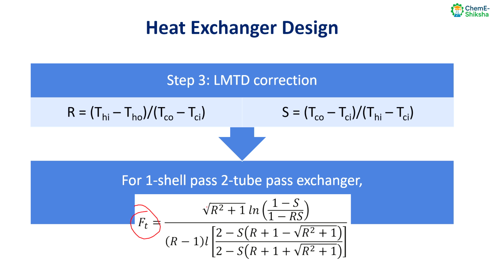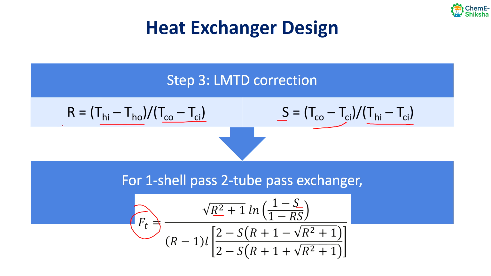In the equation of Ft we have R and S. R is actually delta T hot fluid divided by delta T cold fluid, that is Thi minus Tho divided by Tco minus Tci, and S is the delta T minimum, that is Tco minus Tci, divided by delta T maximum, that is Thi minus Tci.